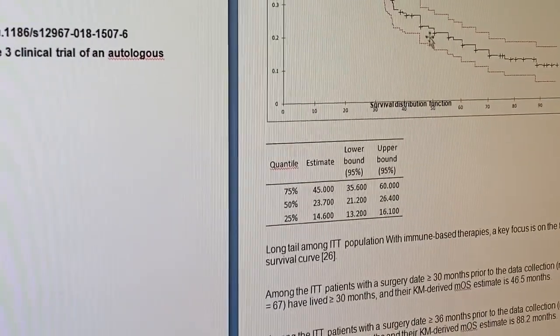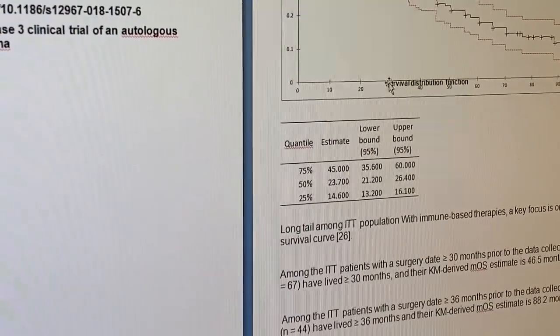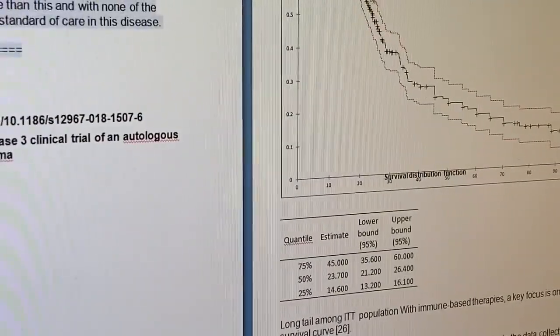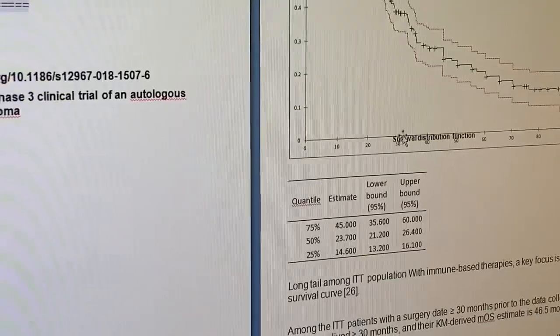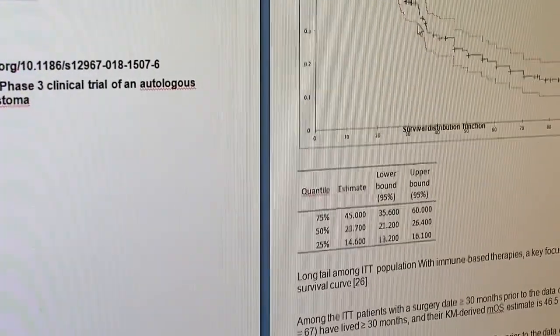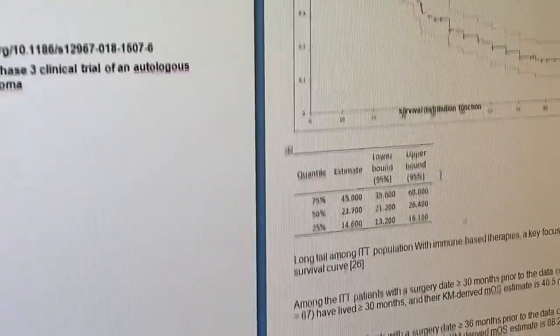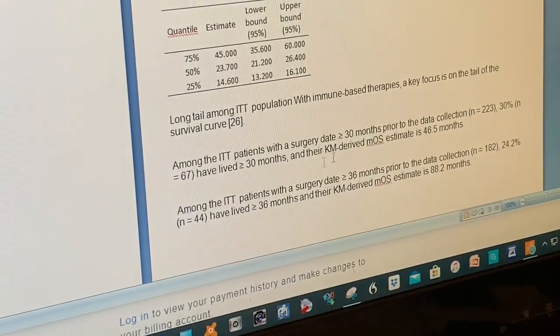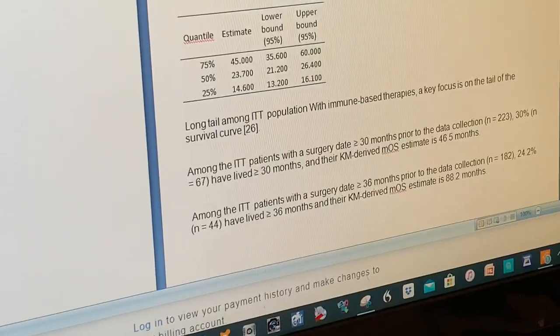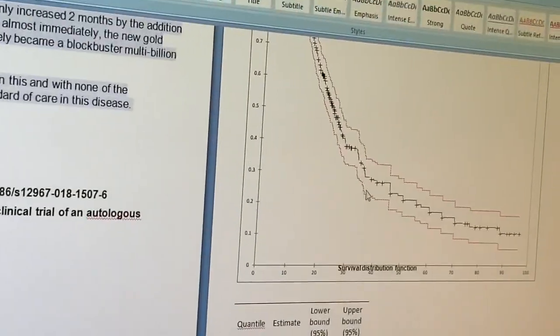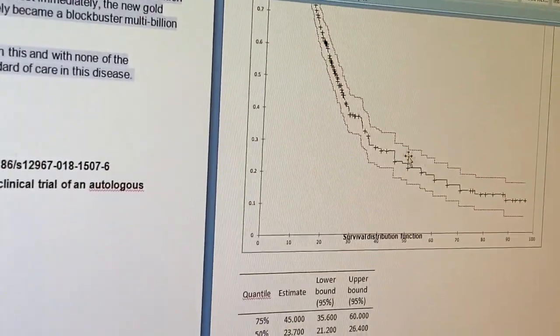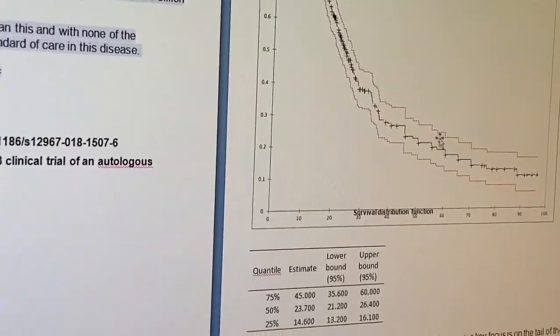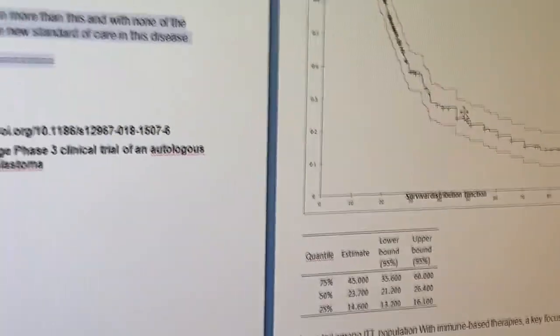So this tail, where I really had a lot of data and used a ton of data, as you can see by all the marks, was up to 30 months. Out here, I only had 2 data points, which were listed in the article. For this tail, we have much less information regarding the outcome of these patients.